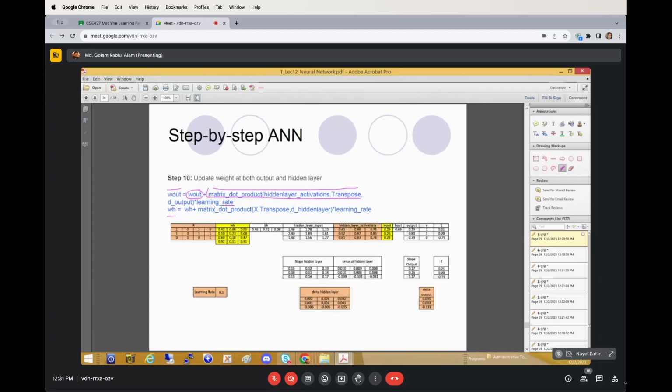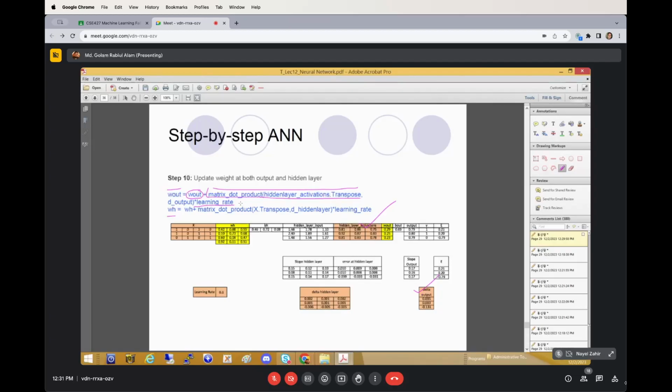For computing this, we take the matrix dot product of the hidden layer activations, which we have, and the delta output. After multiplication of this, this time we can apply the learning rate.